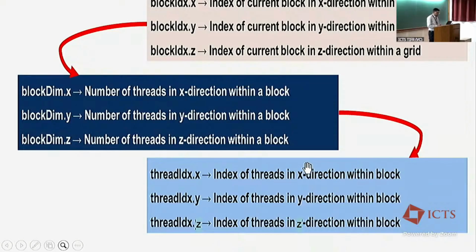Then we remain with the thread IDs. How can we identify the thread IDs? These are some variables like threadIdx.x, that is the index of the thread.